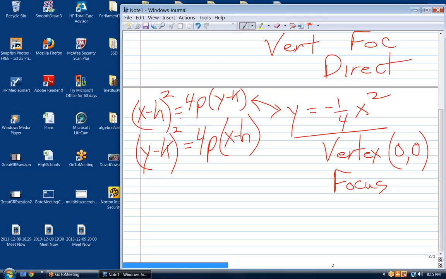So what do I have to do to this equation to get it into this format? In other words, I can't equate 4p to minus 1/4 because the 4p is the coefficient of the y term, not the coefficient of the x squared term. So the first thing I have to do here is multiply both sides of the equation by minus 4.